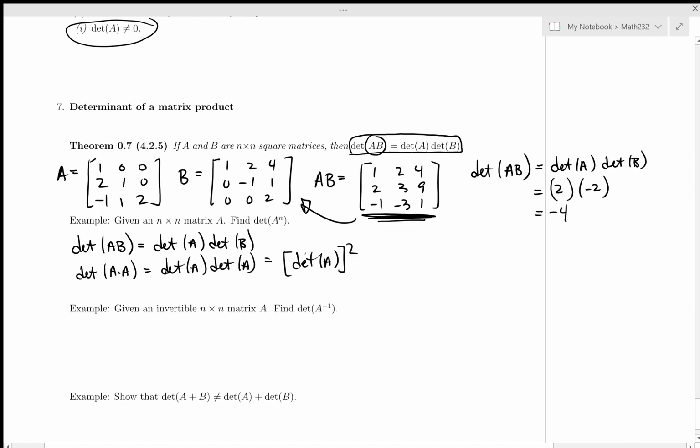So you just keep going like this. So the determinant of A to the n is equal to the determinant of A, all to the power n. Those brackets matter.